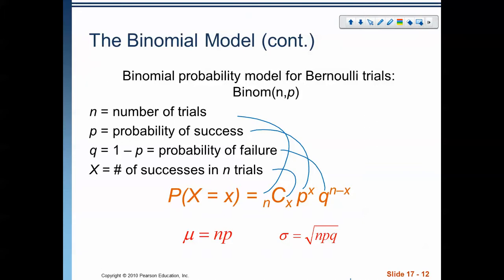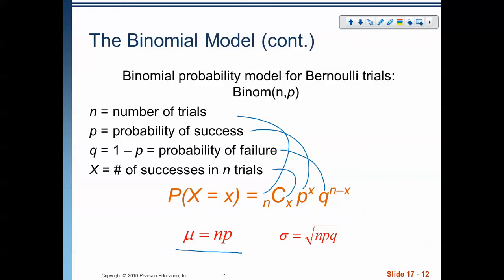The most important thing is that you recognize what this formula looks like and are able to transcribe the numbers correctly, because the actual calculations, again, are all going to be on your calculator. So this is what a binomial model is.